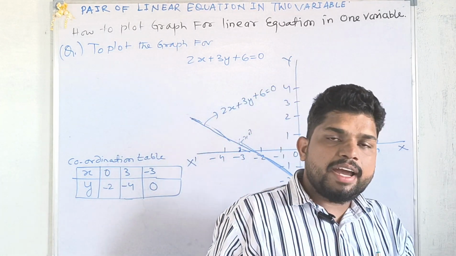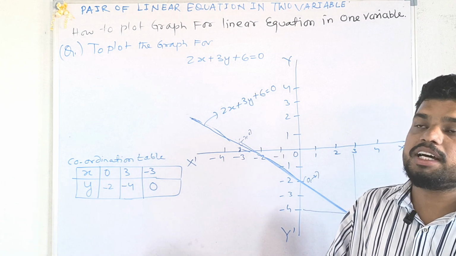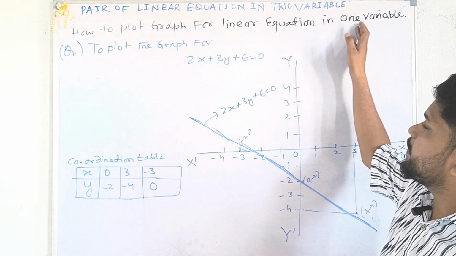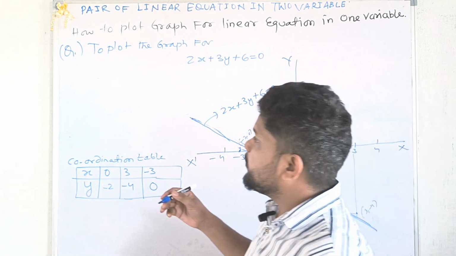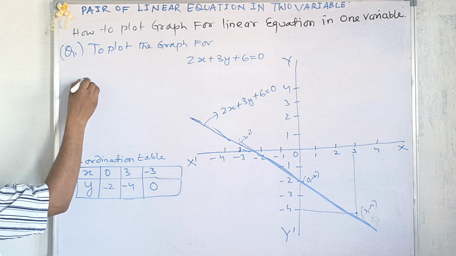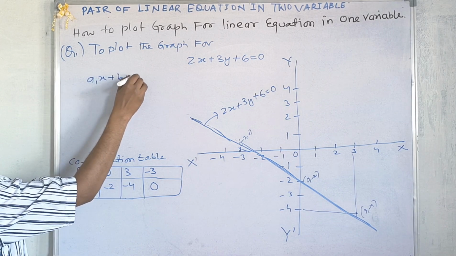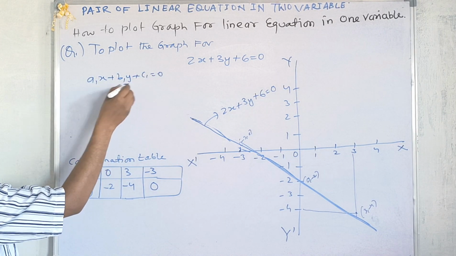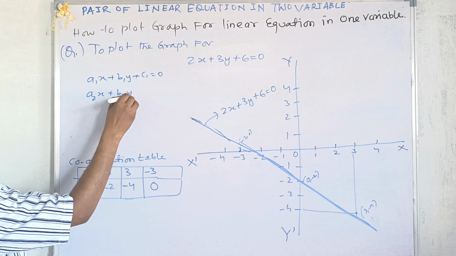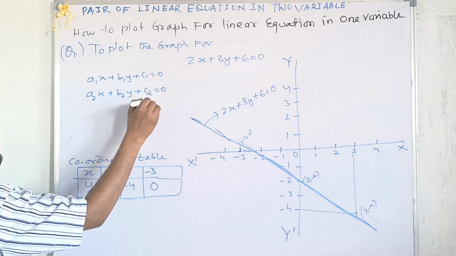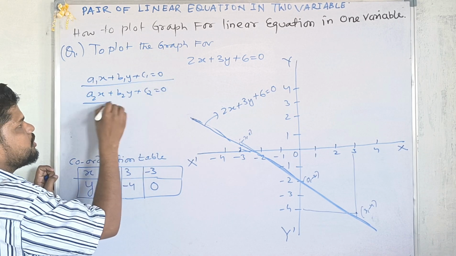In this manner, dear students, we will plot the graph for a linear equation in 2 variables. So we know that the standard form of the linear equation in 2 variables is what? a1x plus b1y plus c1 is equal to 0. This will be a straight line, and this a2x plus b2y plus c2, this is also a linear equation.